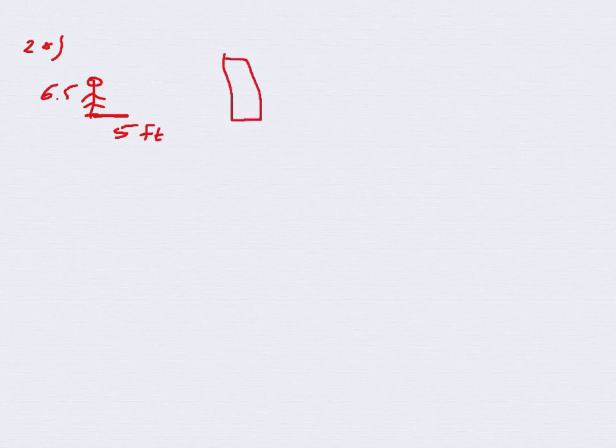And number 20, pro football offensive tackle who stands 6.5 feet tall, casts a shadow that is 5 feet long. 6.5 foot tall guy. Now it says at the same time, the stadium, which obviously is much taller, casts a shadow that's 152 feet.